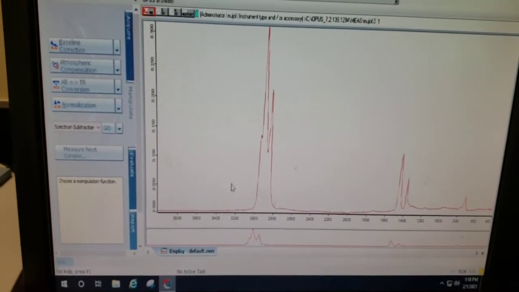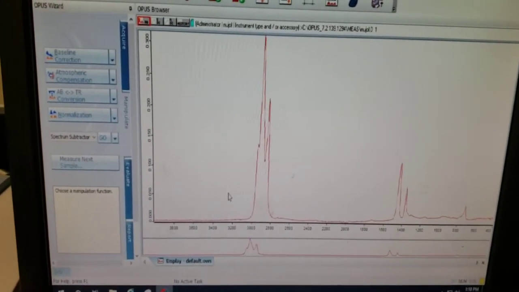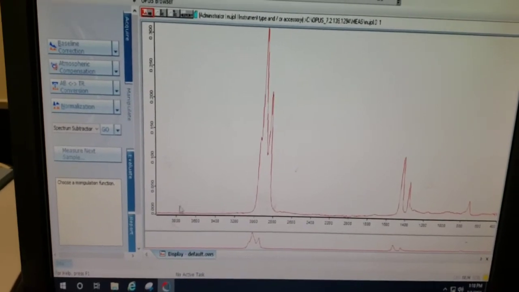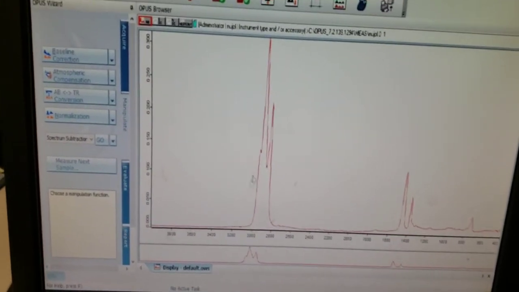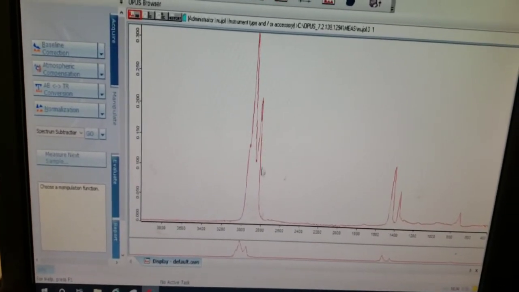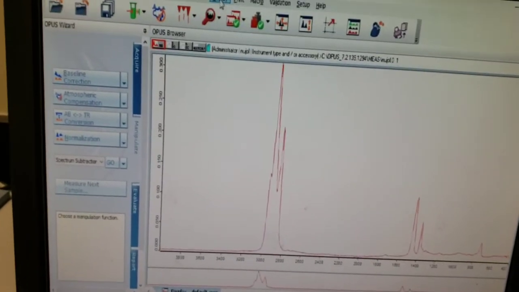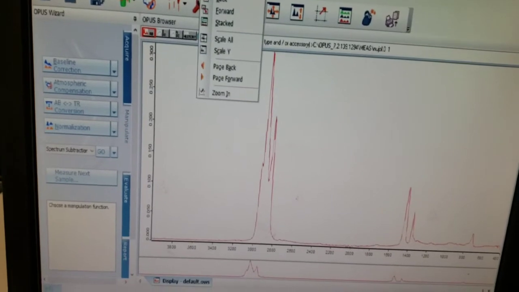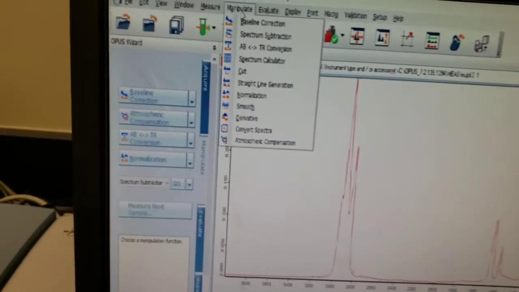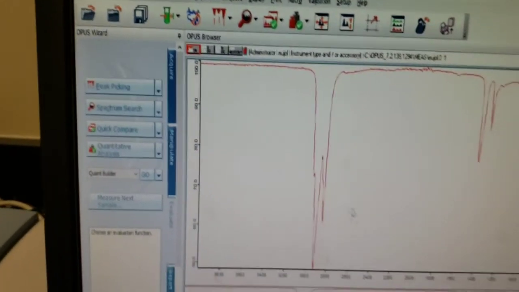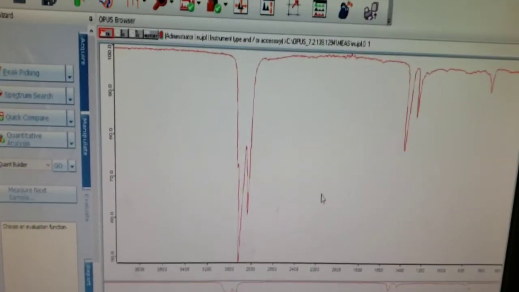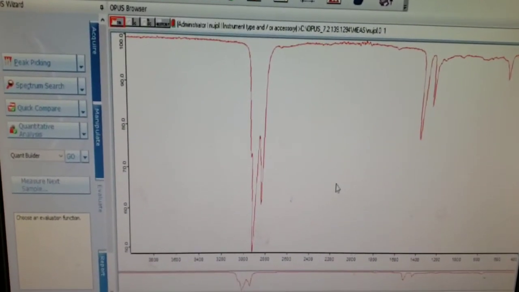Currently, it's being shown as an absorbance spectrum, in that most light passes through, but these frequencies are absorbed. We're going to change that from absorbance to transmittance. And then this is our spectrum.